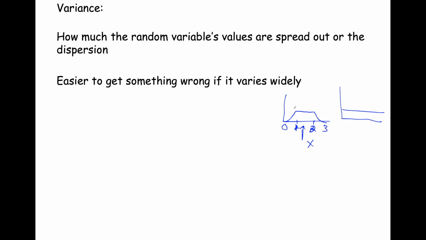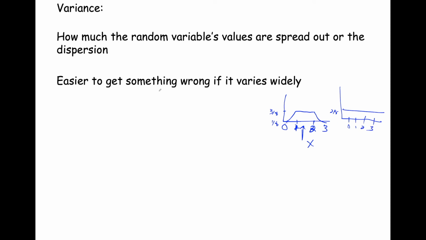And we said that the 1 and the 2 were 3/8 probability, and the 0 and the 3 were a 1/8 probability. Whereas here, we had all of them were 2/8 probability for the 0, the 1, the 2, and the 3 heads out of a 3 coin flip.